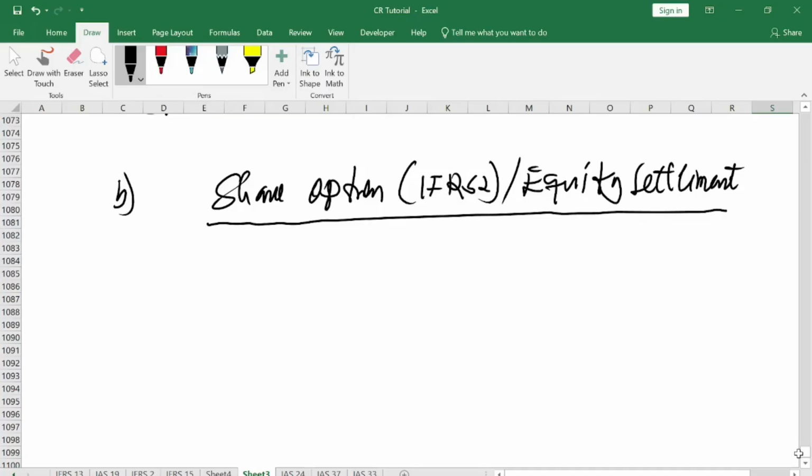When that happens, the company giving out the shares will receive no cash in return. So it dilutes the basic earning per share.